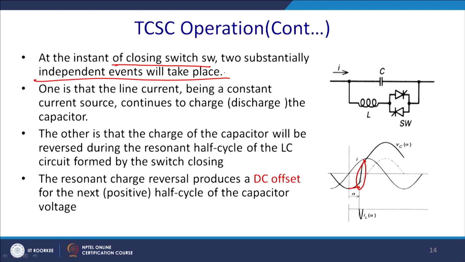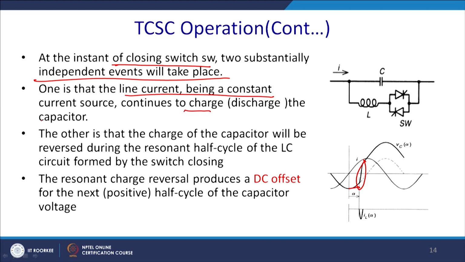So, we have to understand the voltage current characteristics of these thyristors. One is that the line current, being a constant current source, continues to charge or discharge the capacitor depending on the cycle.